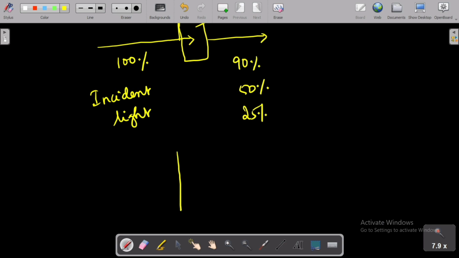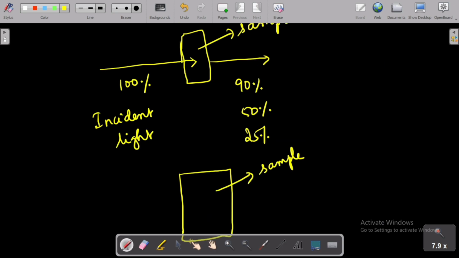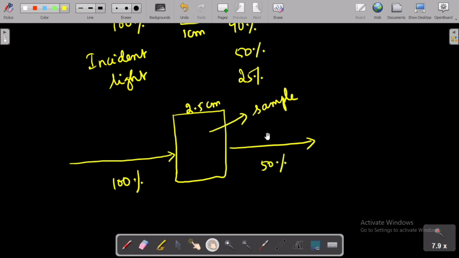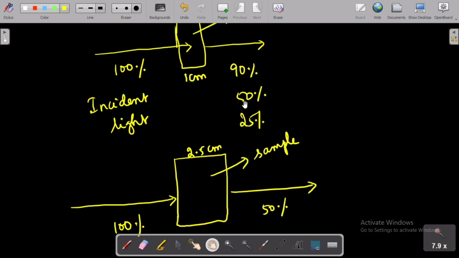Suppose you take the thickness of the sample cell in this manner, it may be 1 centimeter, or it may be 2.5 centimeter. When this incident light is passed, the 100% intensity will be decreased, might be 50% or less than the above case.